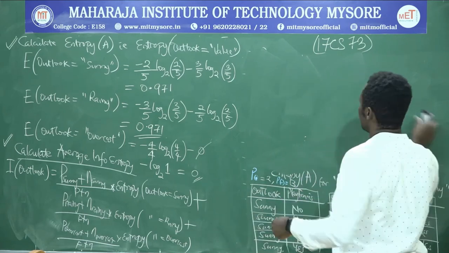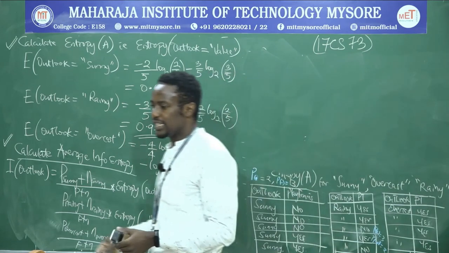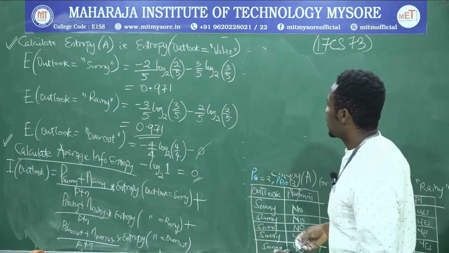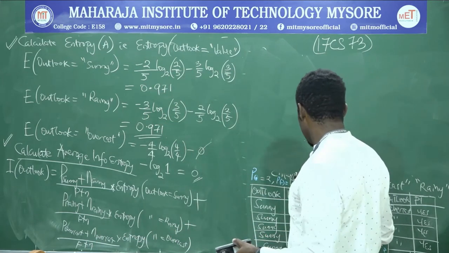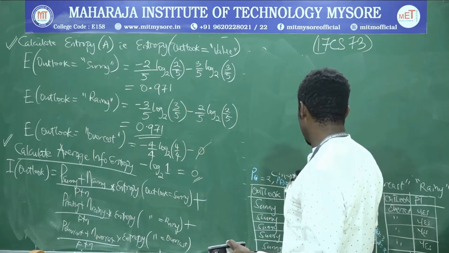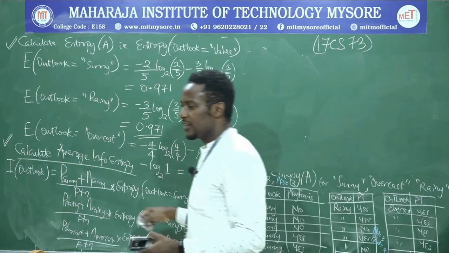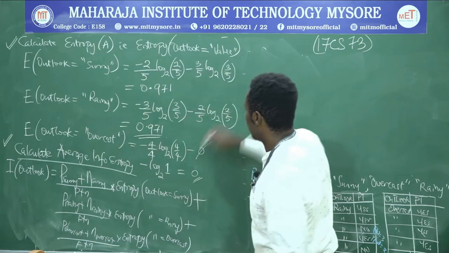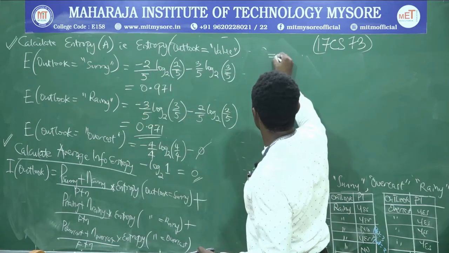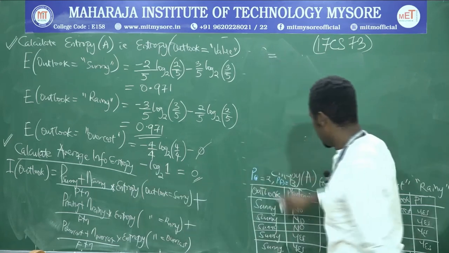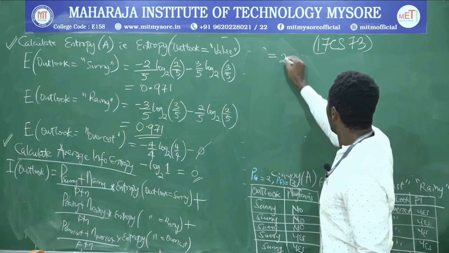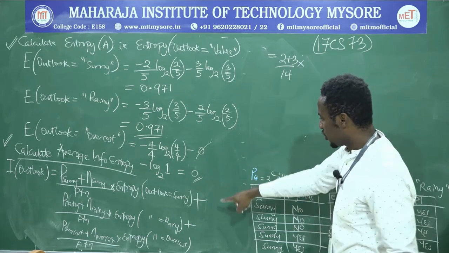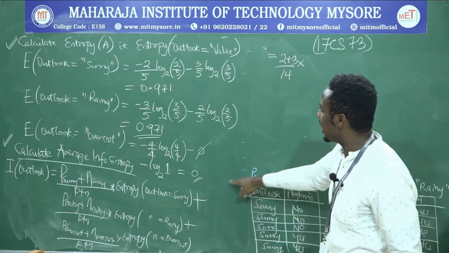So the first one, let's plug that in. For Sunny, if you remember, we had P plus N, which is 2 plus 3 upon 14 into what? Entropy of outlook equals Sunny. Go back there.